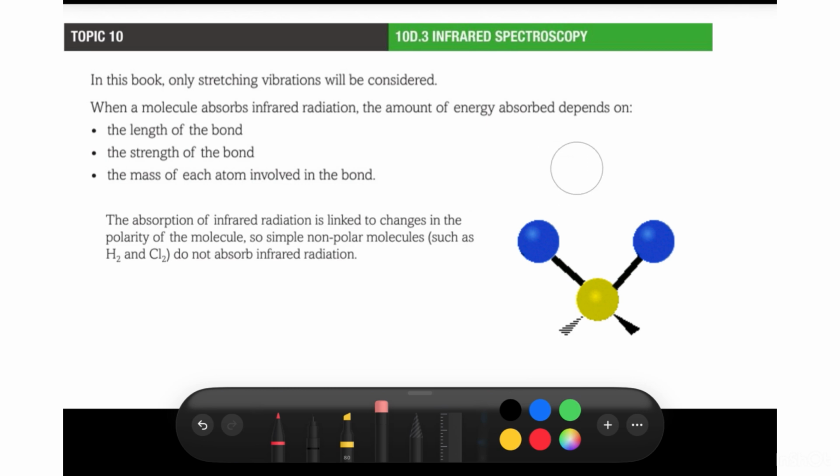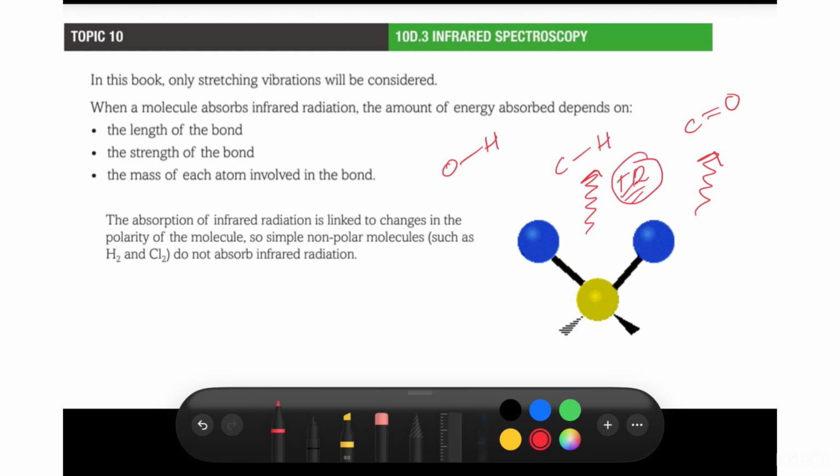For example, if we have a CH bond, when we apply IR radiation on this bond, we will get different levels of absorption compared to other bonds like OH or C double bond O. So they will behave differently if we apply the IR radiation on all of these three. So what makes the absorption of IR radiation different?